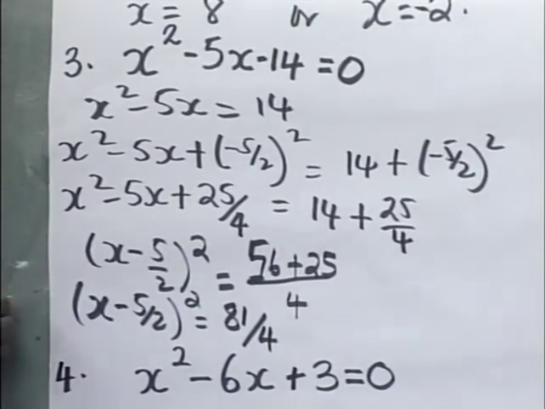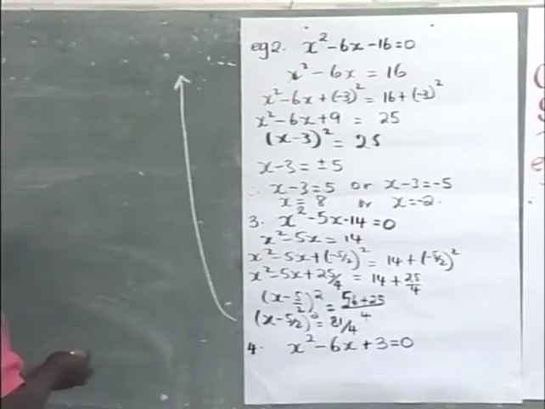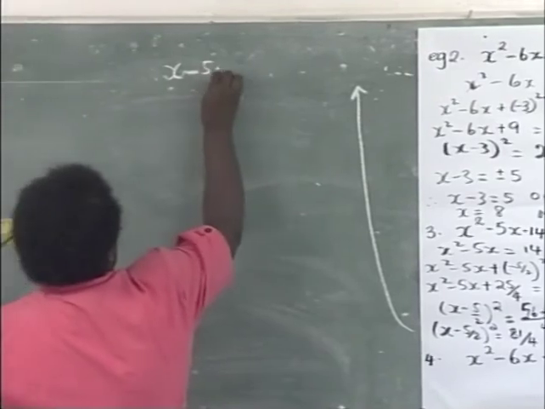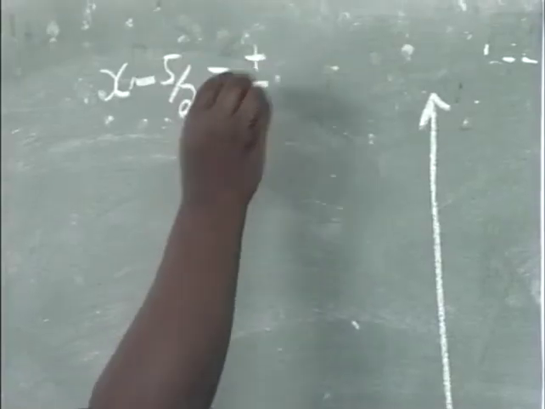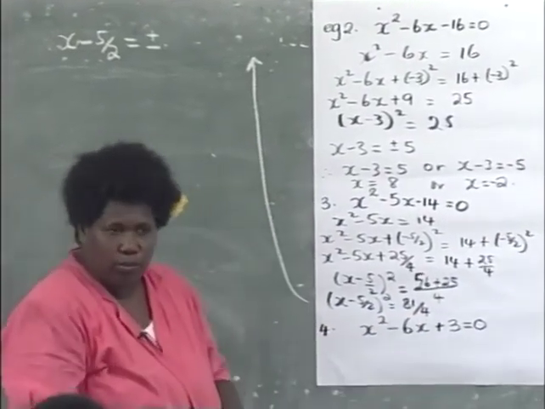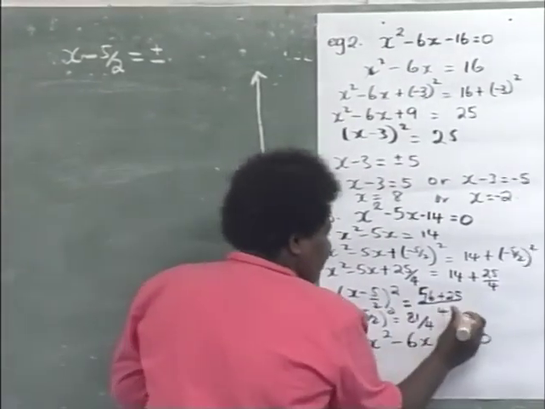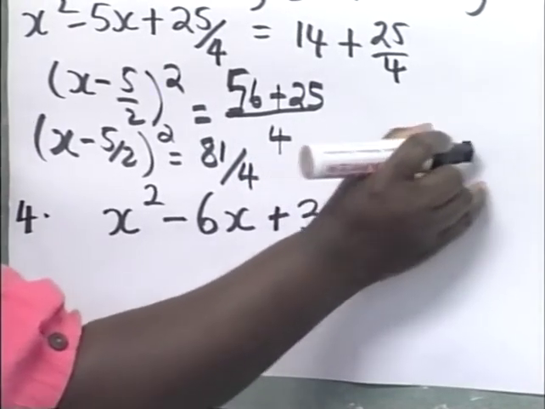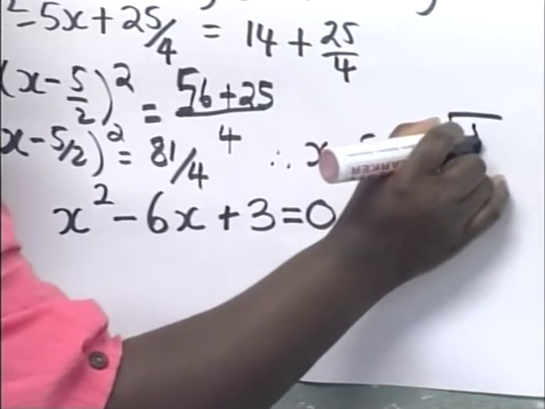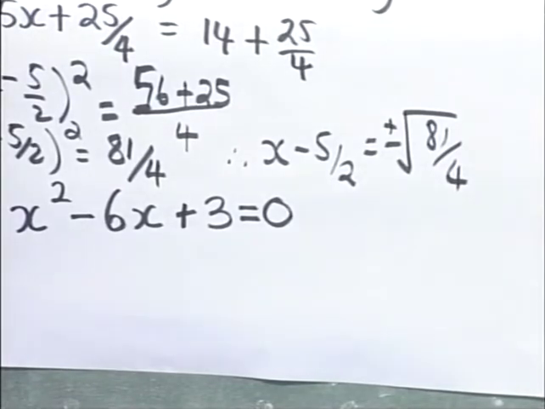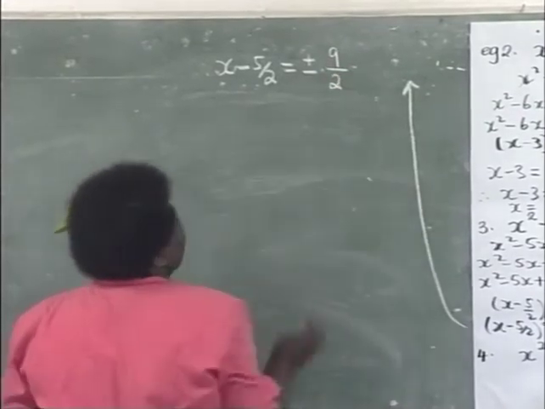To find the square root of both sides, we now have x minus 5 on 2 equals plus or minus the square root of 81 is 9 and the square root of 4 is 2. Okay, the next line will have to be square root of this, x minus 5 on 2 equals the square root of 81 on 4, like this, and it will have to be plus or minus. So it will be plus or minus 9 on 2.